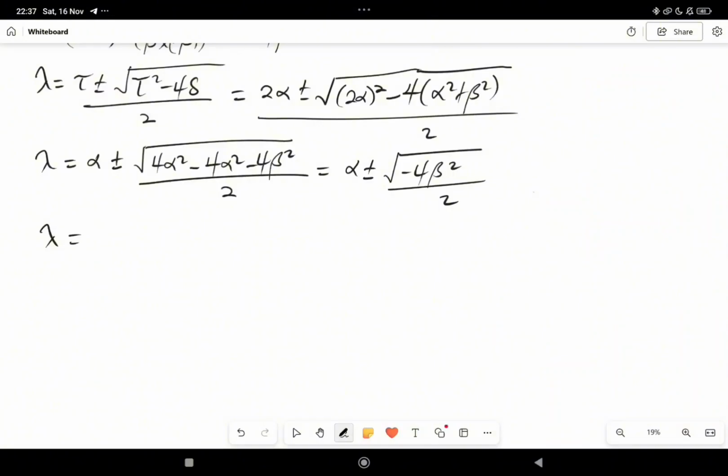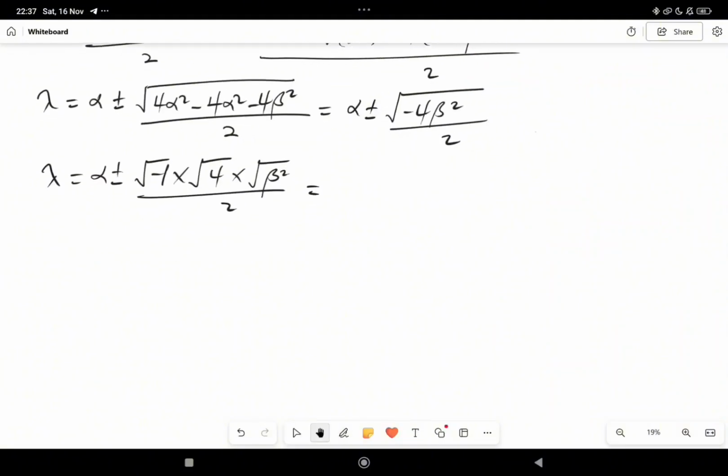Now we can write this as alpha plus or minus the square root of minus 1 multiplied by the square root of 4 multiplied by the square root of beta squared, all divided by 2. Next, we can write this as alpha plus or minus the square root of minus 1 multiplied by 2 multiplied by beta, all divided by 2.